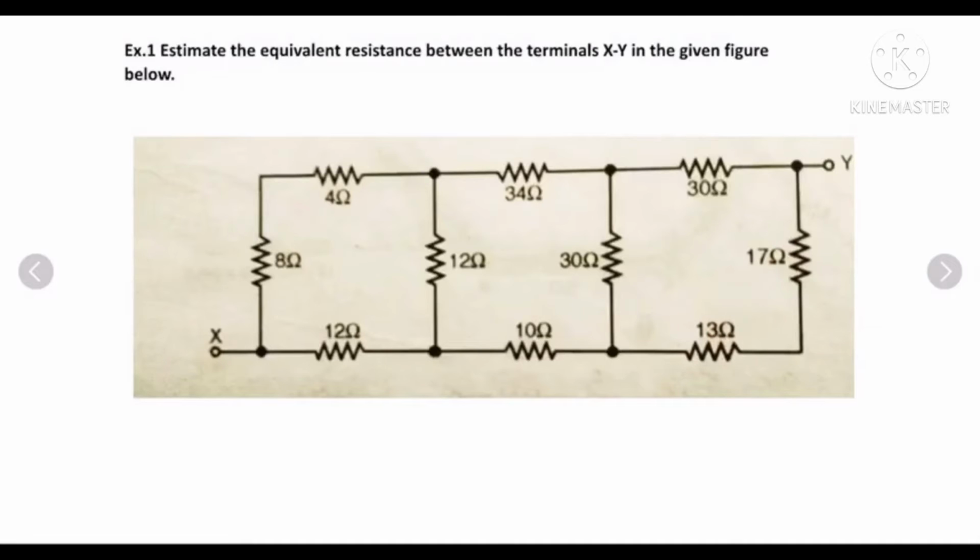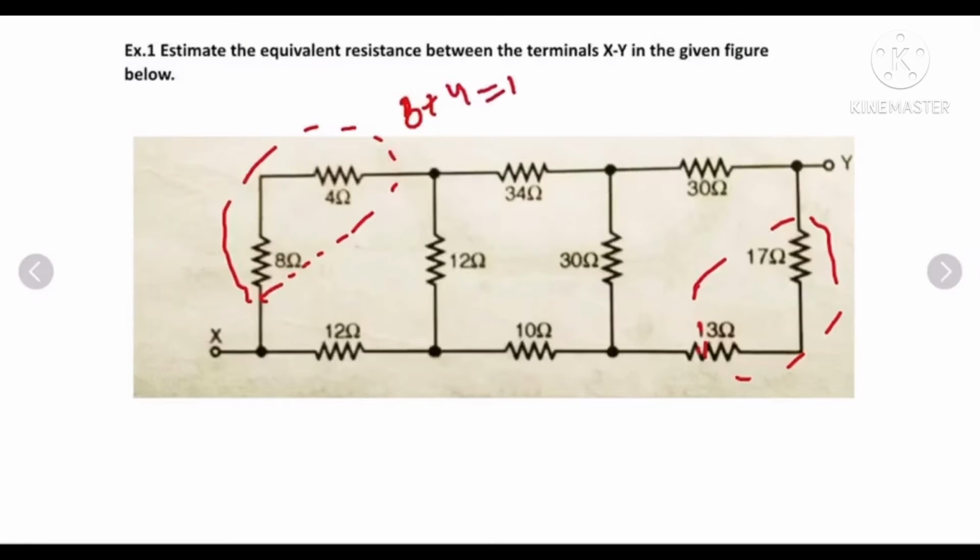So we will try to find the equivalent resistance of these two branches. For this one it is going to be 8 plus 4, that is nothing but 12 ohm. And this is going to be 13 plus 17, that is nothing but 30 ohm.